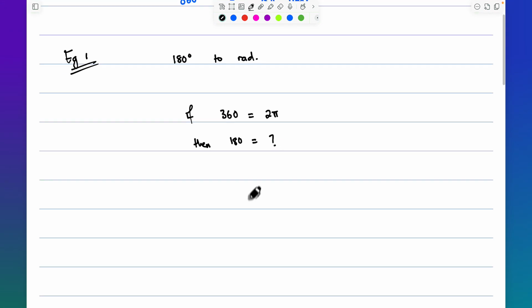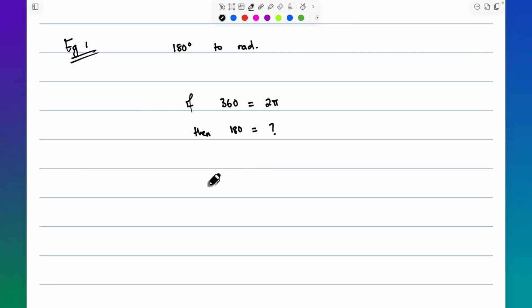So we're going to say the ratio of radians, 2 pi over 360, must be the same thing as this. We're going to call this theta, right? It must be the same ratio that you'd get if you take the angle for 180 and divide that by 180 as well.